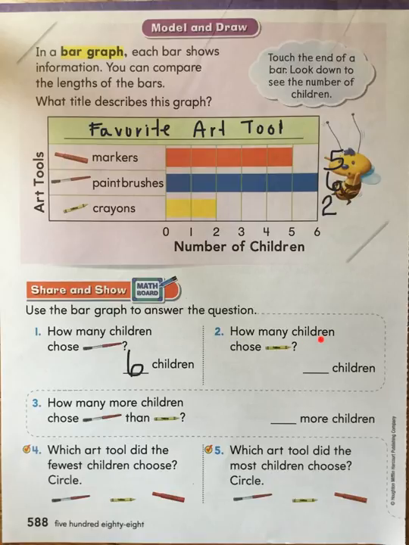Number 2, how many children chose crayons? Here's the crayons. Follow it. I can either look down here and know it's 2, or go to the end. It's 2. So I'm going to write a 2. This is just like reading a picture graph, except instead of counting each square, we just go to the end of the bar. Let's look at number 3.